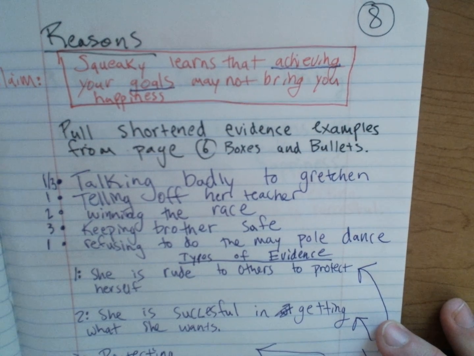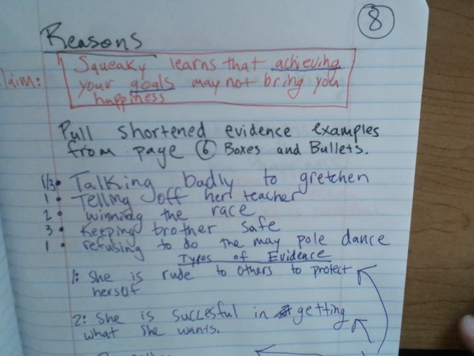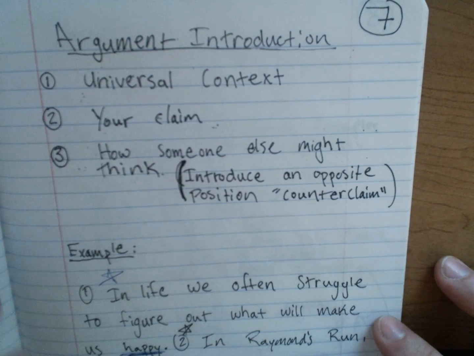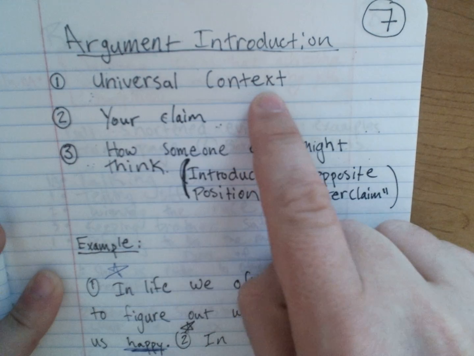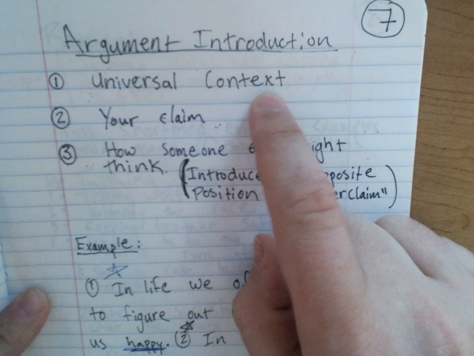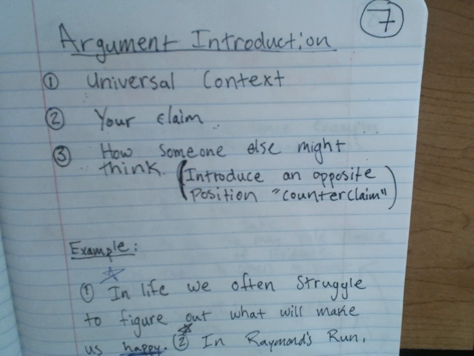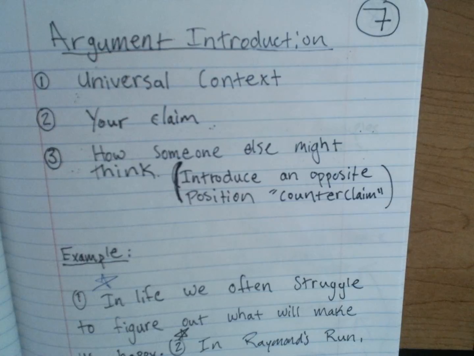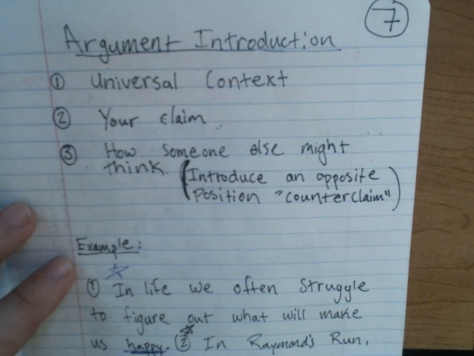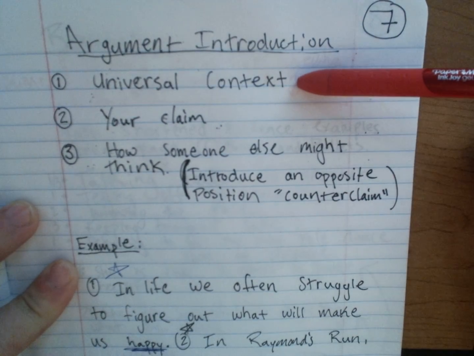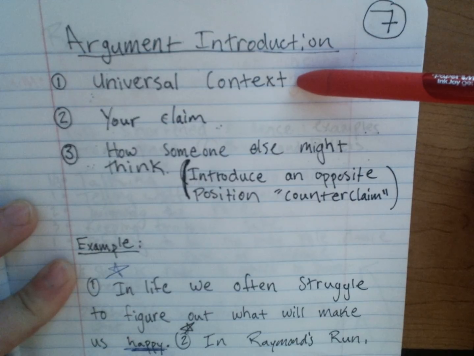Let's see. Where do we have something in our journal from the previous page that universally connects to other people or gives context to other people? Try looking on page 7. If you turn to page 7 in your journal, you'll see that we've already written a universal context statement.